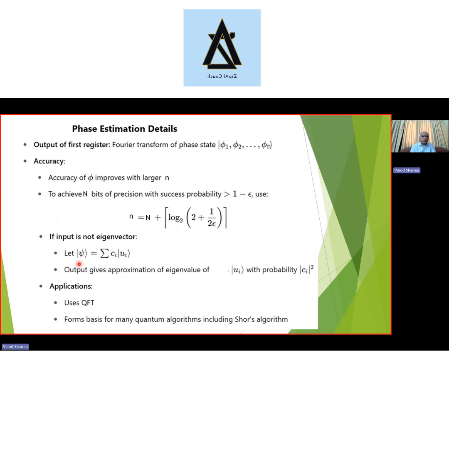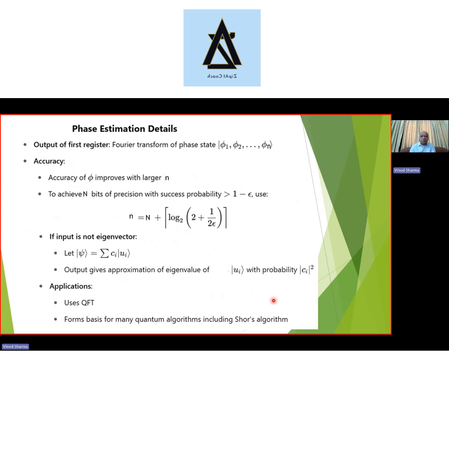So this is how, feeding in any vector state, at the output measurement you can get eigenvalues of different eigenvectors of U with probability c_i squared. In this phase estimation, of course, we have used QFT. Actually, we used inverse QFT.